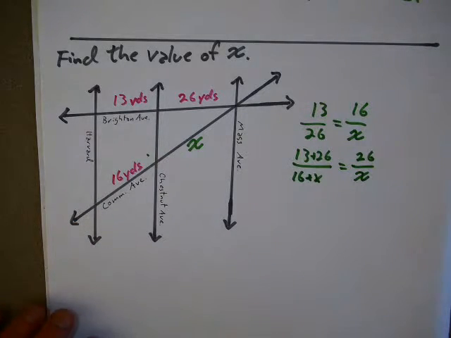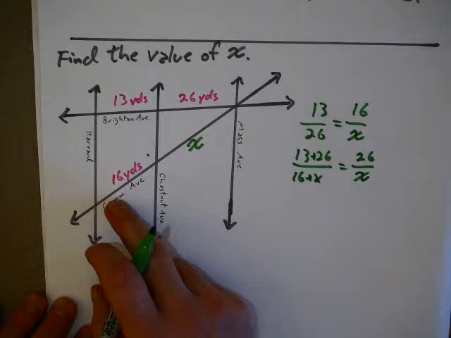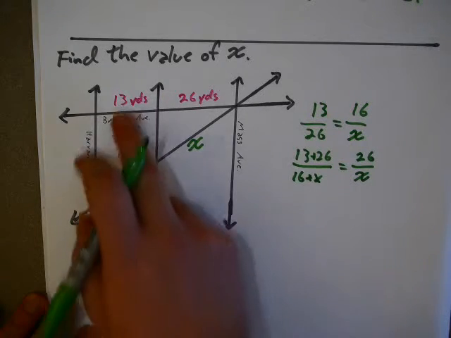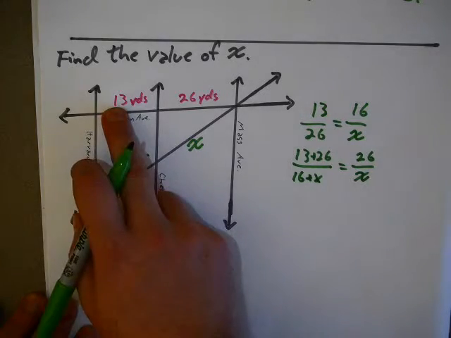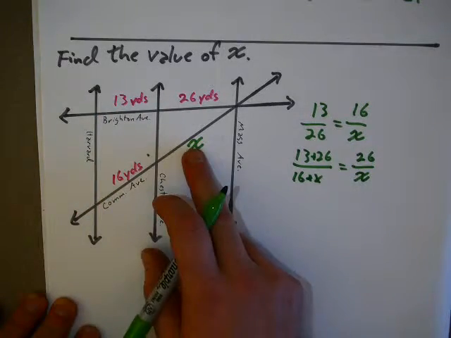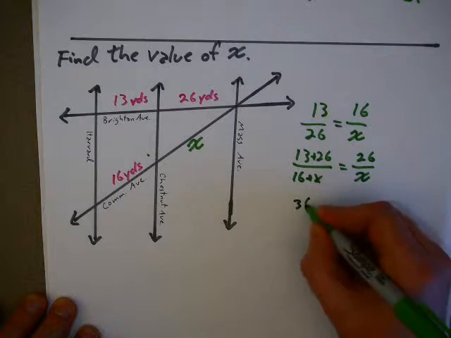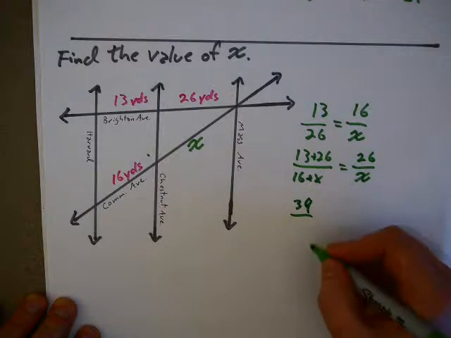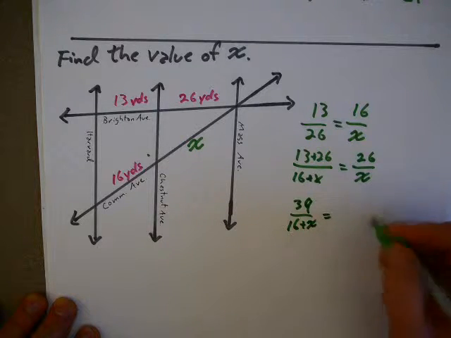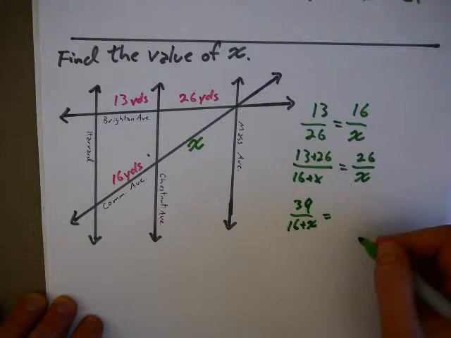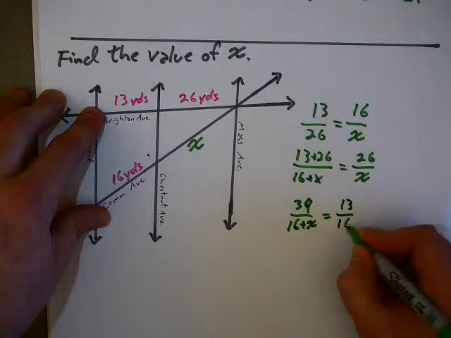We also know the proportion of 13 plus 26, so 39 over 16 plus x would also equal 13 over 16.